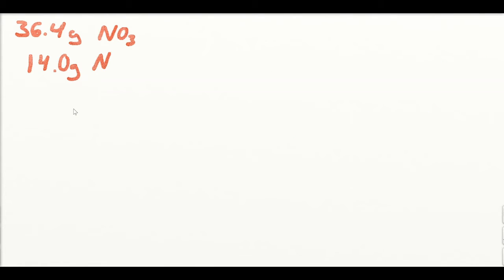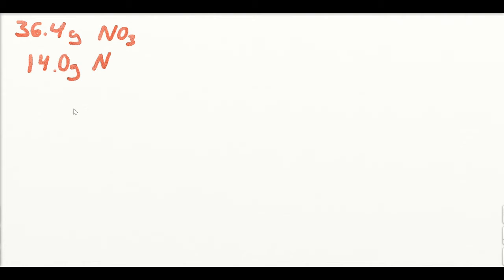The next question would typically be in a word equation format, but I don't have enough space here on my pad to write the whole question, so let me just read a question for you. Imagine you do have 36.4 grams of nitrogen trioxide, and you only have 14 grams of nitrogen.